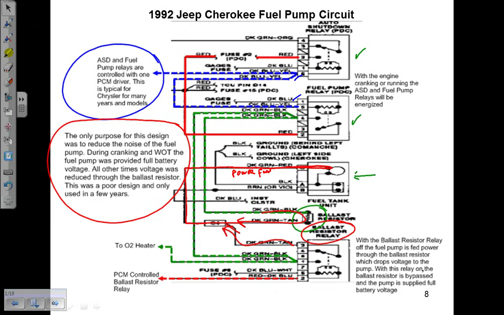So we're going to go around the ballast and send power to the pump through this relay. But as soon as you let off the crank position, on this design, this relay would open and then we'd send power through the ballast.